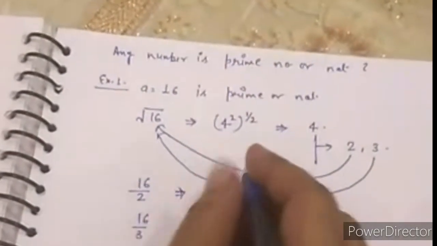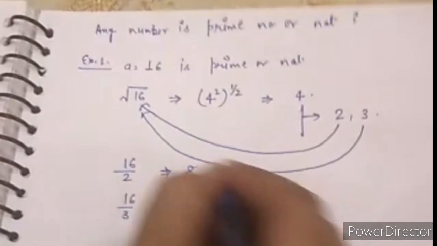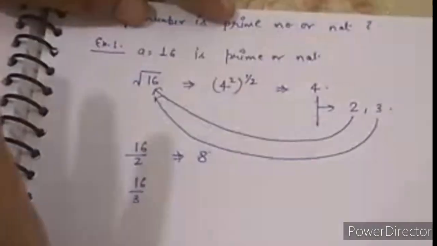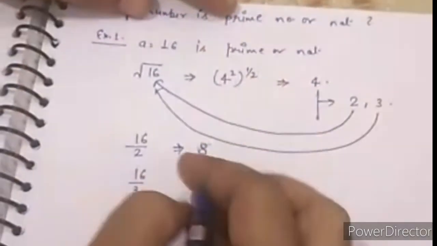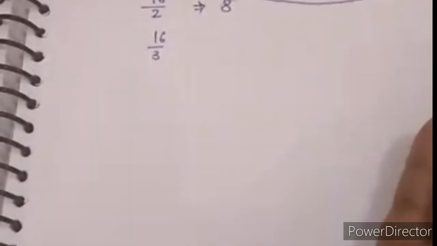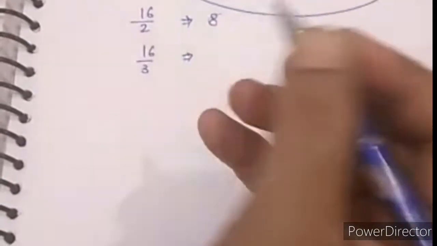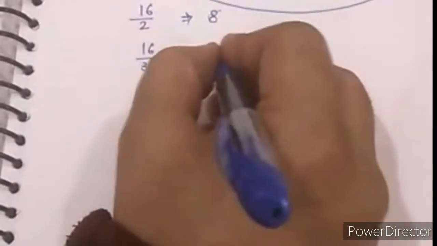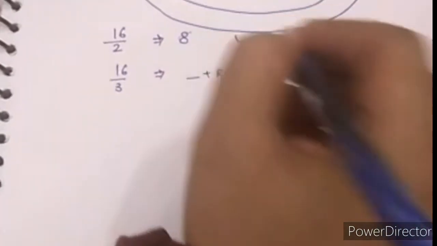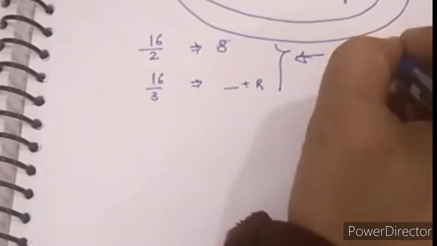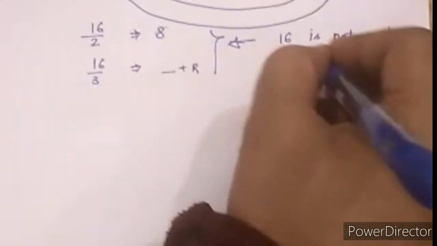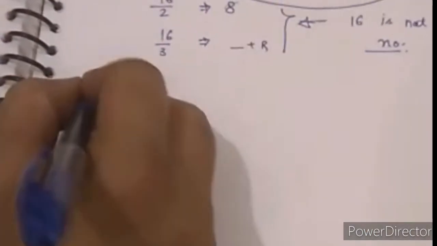If it's a perfect division, like in the case of 2, then the given number is not a prime number, it's a composite number. 16 is completely divisible by 2, which gives a result of 8. Meanwhile 16 is not divisible by 3, it will give some remainder. So since 16 is divisible by 2, which is a prime number, hence 16 is not a prime number.